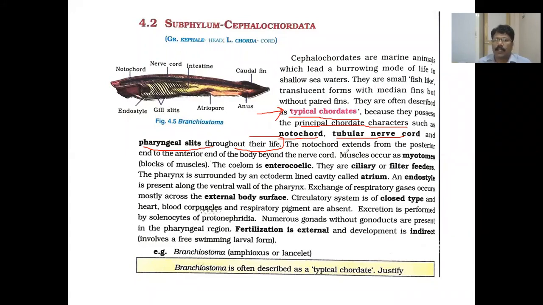Next one. Notochord extends from the posterior end to the anterior end. That means the notochord extends to the anterior end of the body beyond the nerve cord. You see here.